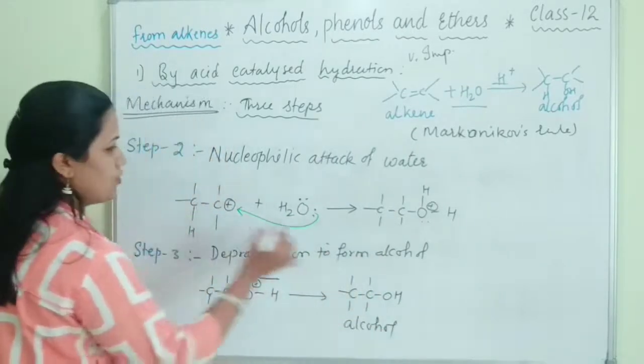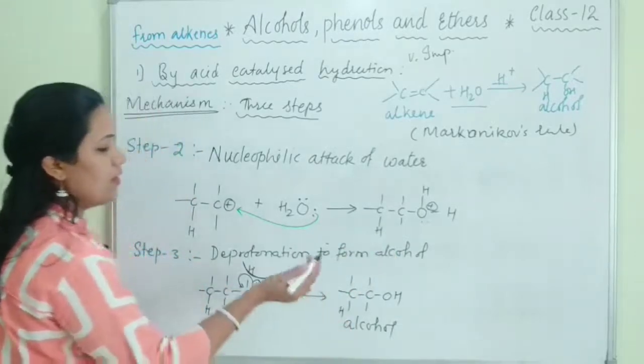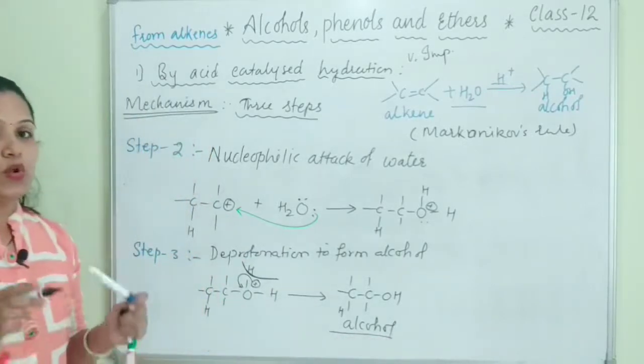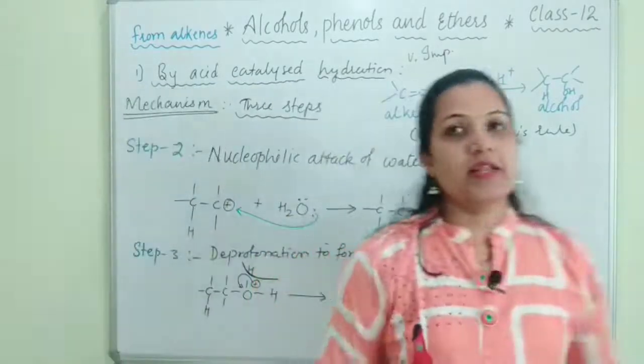Here also we can write H because we have received it from the hydronium ion, and in this way we get the alcohol molecule.